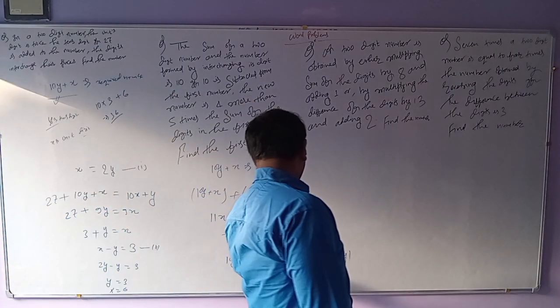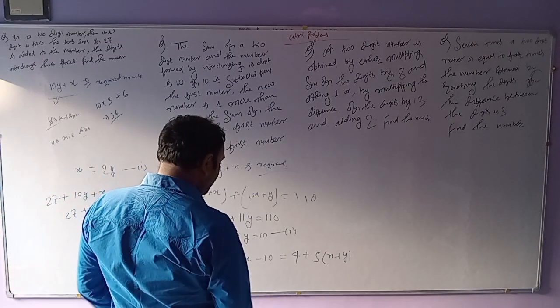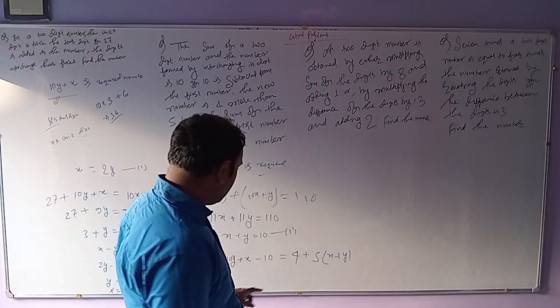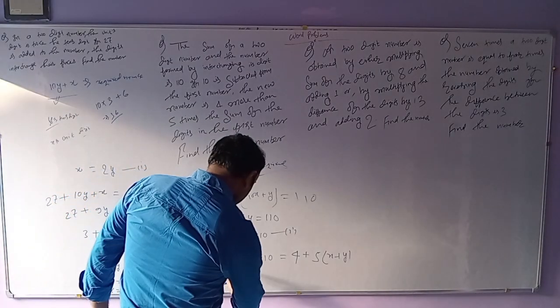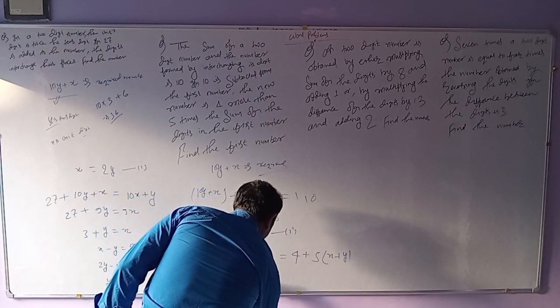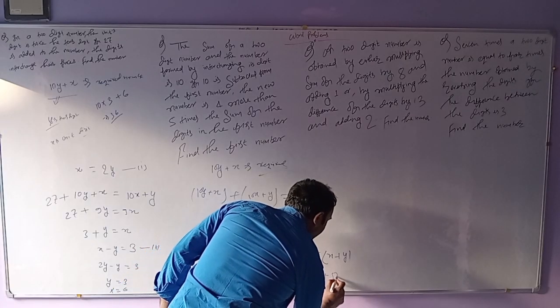So when we sort this out in equation form, we get 10y plus x minus 10 is equal to 4 plus 5x plus 5y.